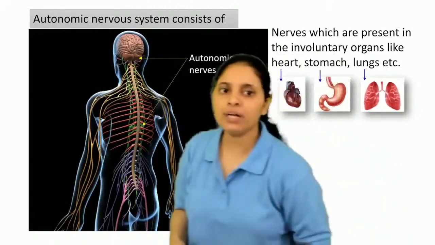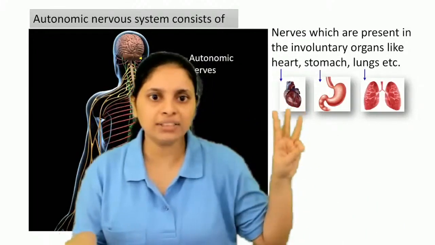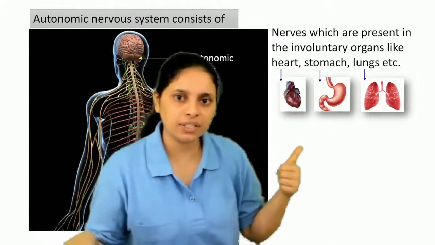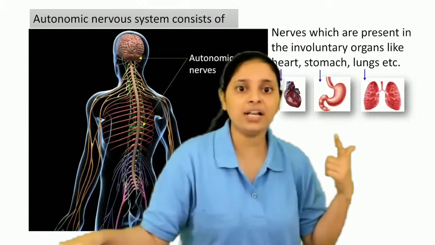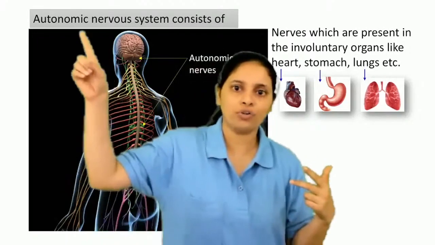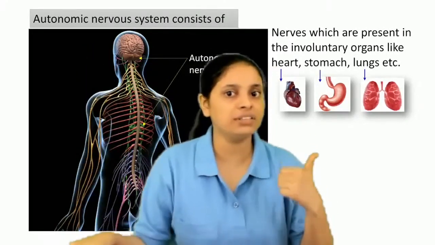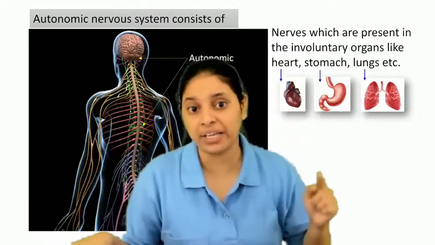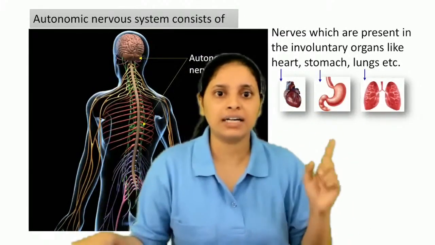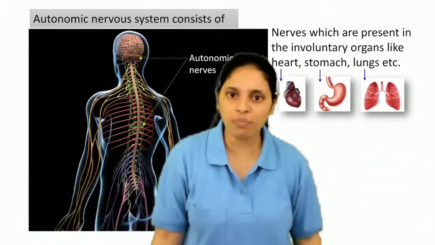Right? So the human nervous system, it has three parts. What are the three parts? Central nervous system, next the peripheral nervous system, and third the autonomic nervous system. Central nervous system consists of brain and the spinal cord. Second, the peripheral nervous system contains all the nerves which are spread throughout the body.